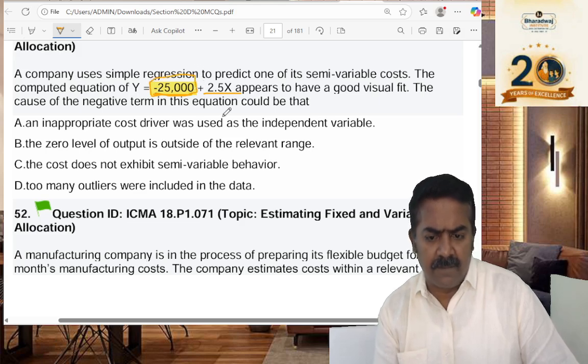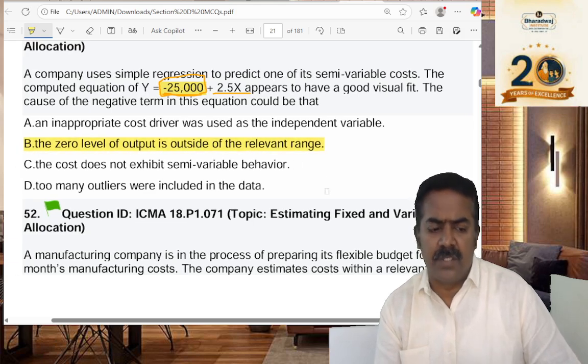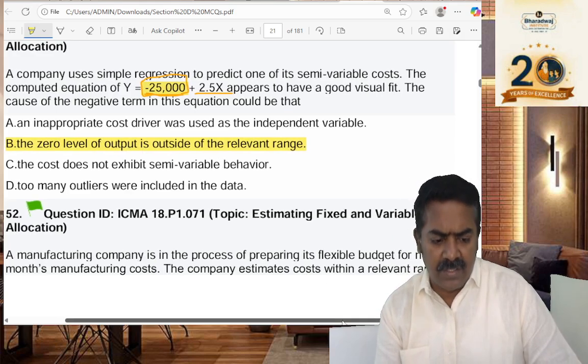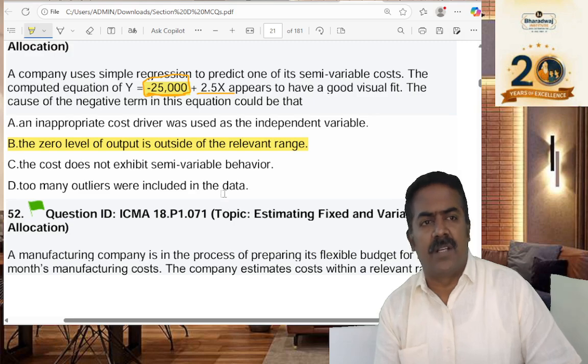It is given negative. So that is not within the relevant range. Zero output is not within what? Relevant range. Only within the relevant range, fixed cost and variable cost will behave accordingly.